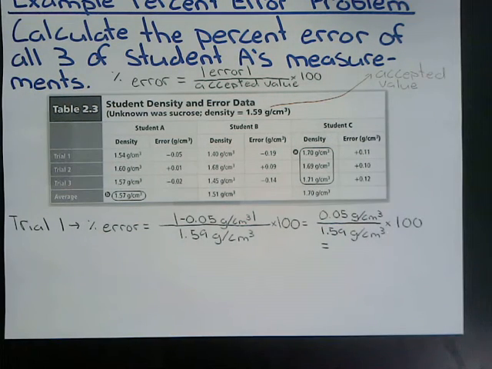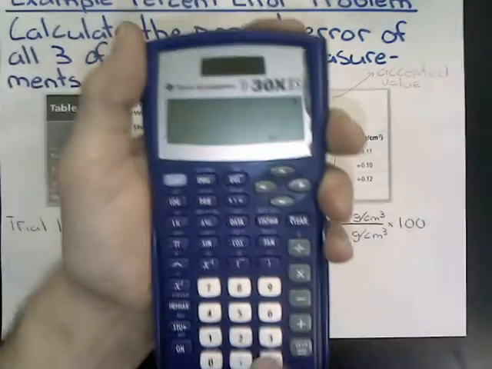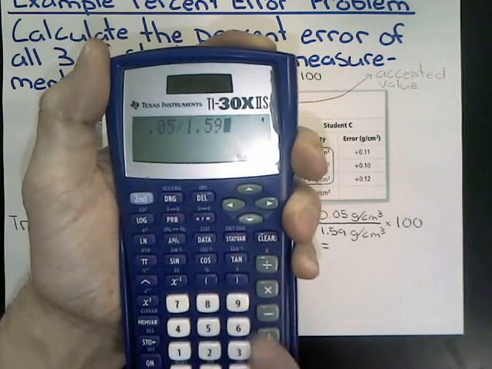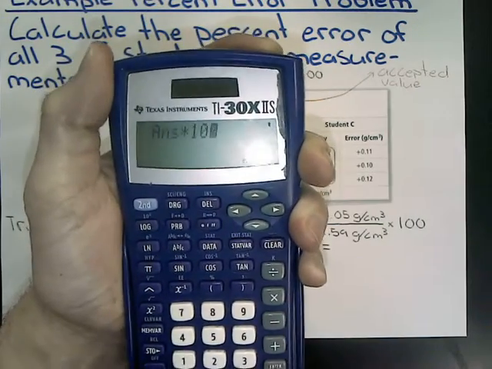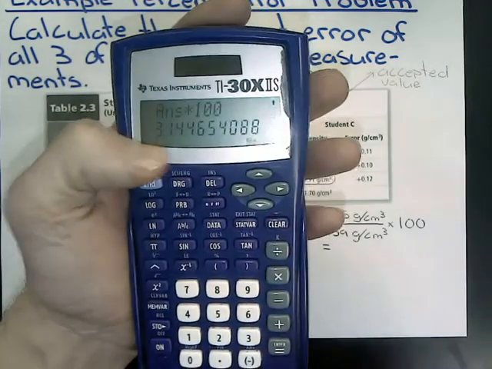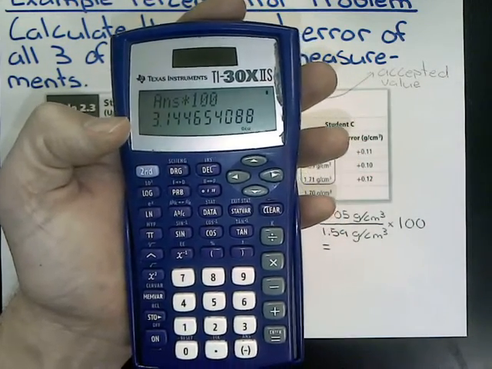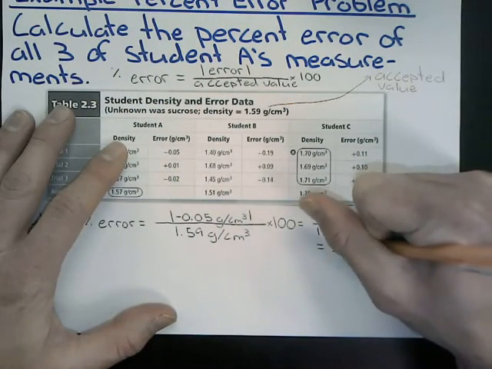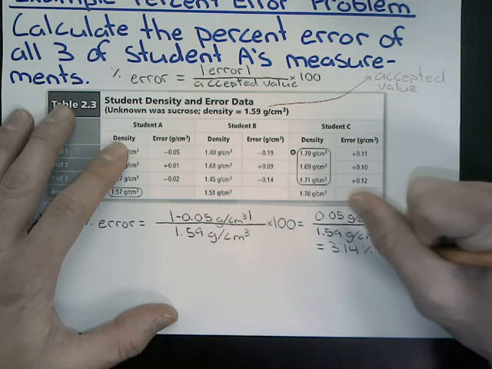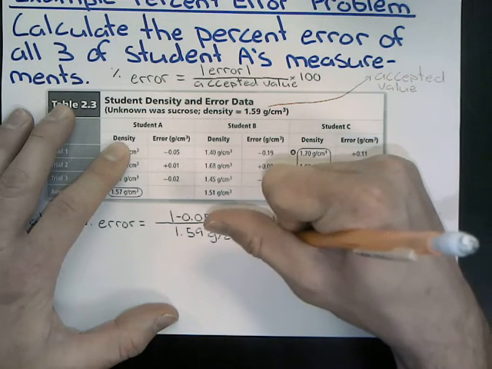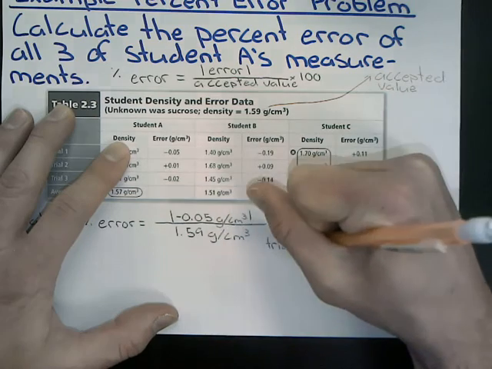So all we need to do is get out our calculator and take 0.05 divided by 1.59 times 100. Expressing this to 3 total digits, we'd have 3.14% error. And that was for trial number 1.